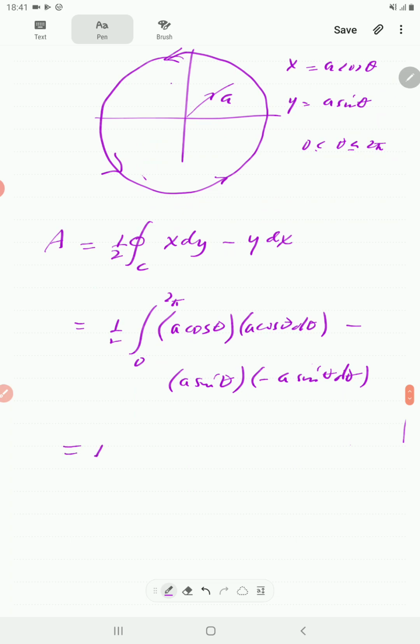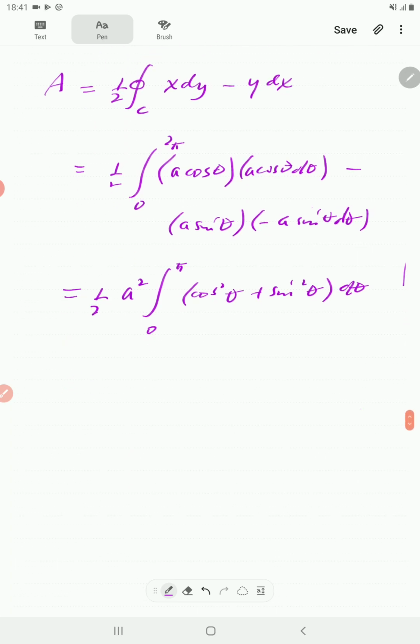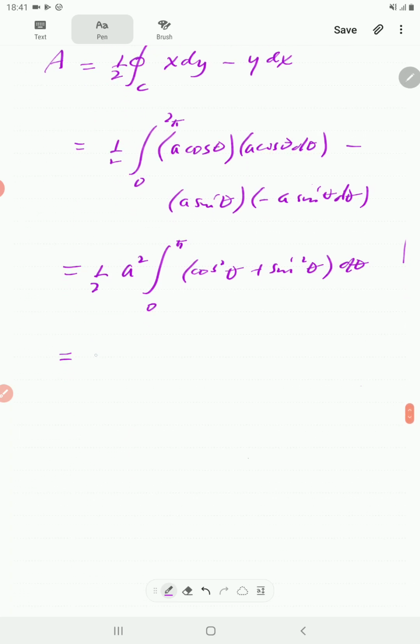If we tidy things up, a squared is going to factor through. Then we're going to have cosine squared theta plus sine squared theta d theta, which of course we know is equal to 1.